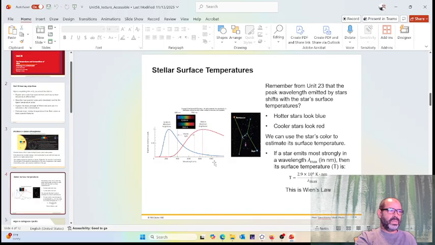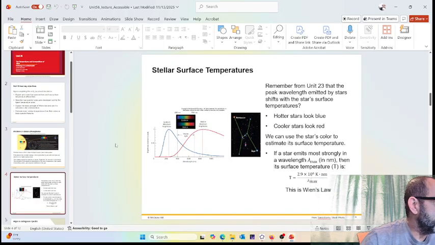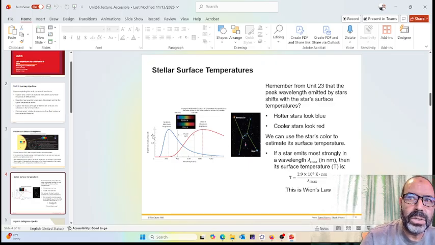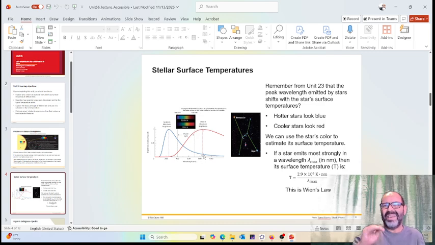The x-axis here is in nanometers, and the y-axis is the intensity, or how bright that light is. So the peak, where it's the brightest, is in the infrared region.